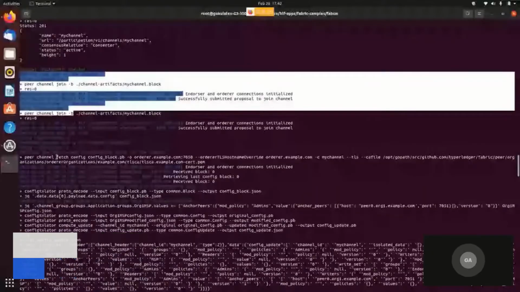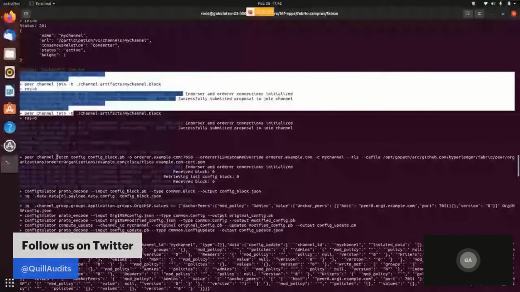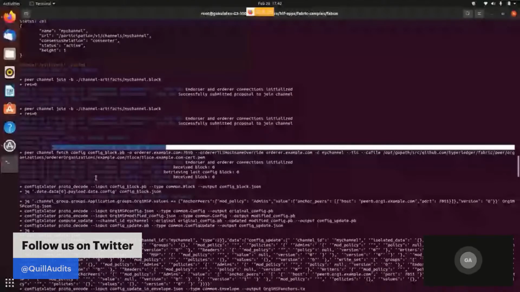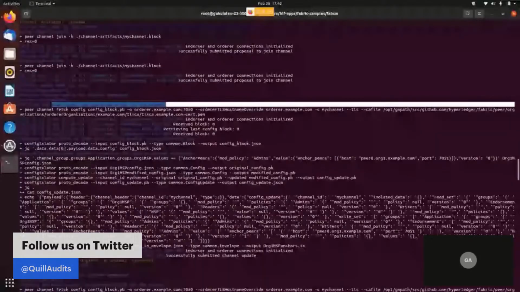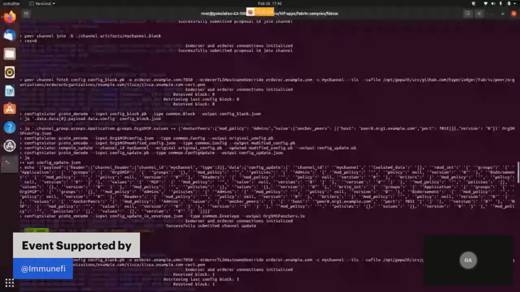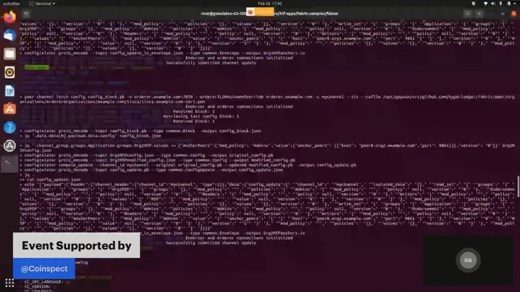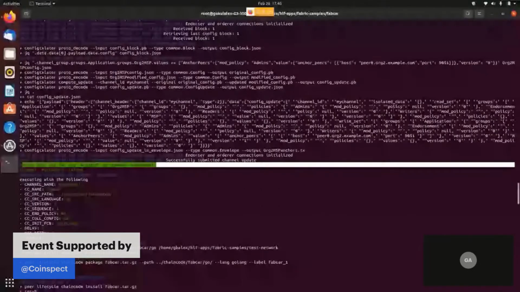Yeah, and then you're fetching the block details, and then you are setting a specific kind of peer known as anchor peer, which we will understand shortly. So once this much is done, it sets the anchor peer for both the channels for both the organizations.